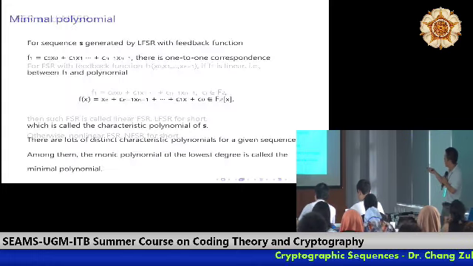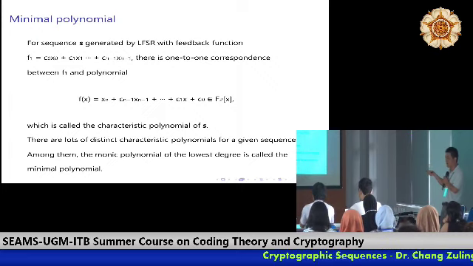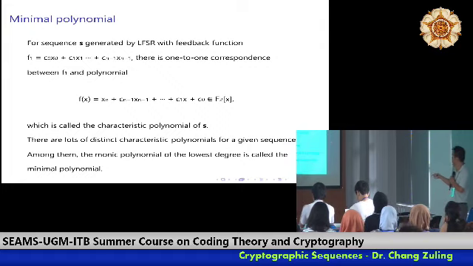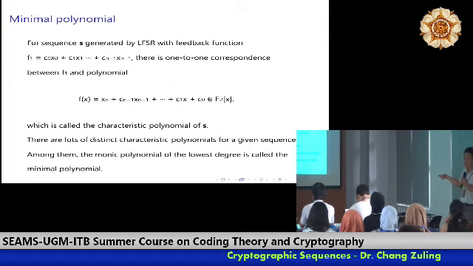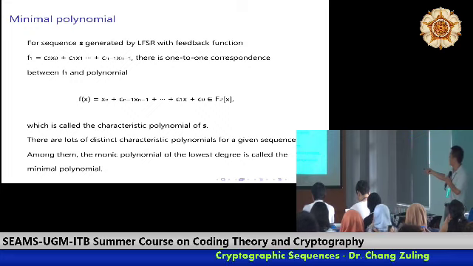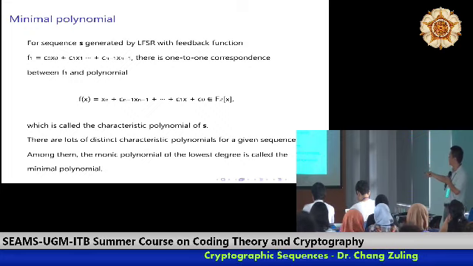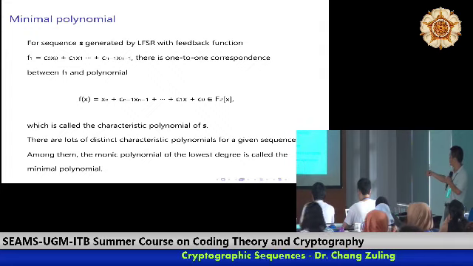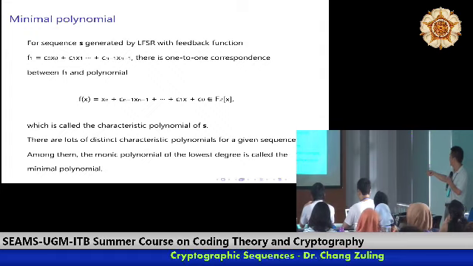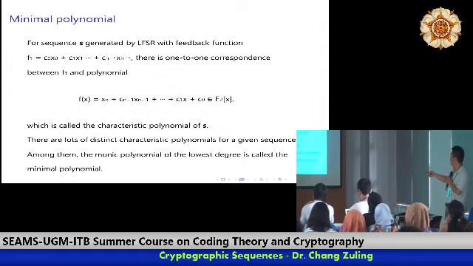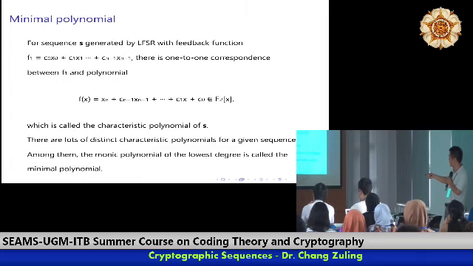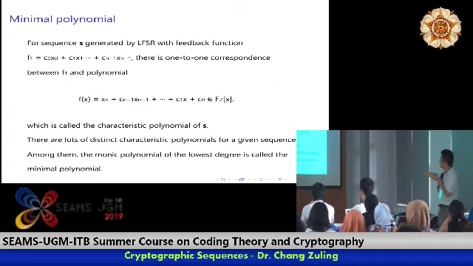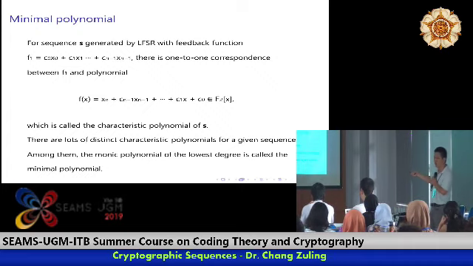For an LFSR, for the feedback function, we can find a corresponding polynomial over F2, just like this one: x to the n plus c_{n-1} x to the n minus 1, and so on, plus c1 x plus c0.